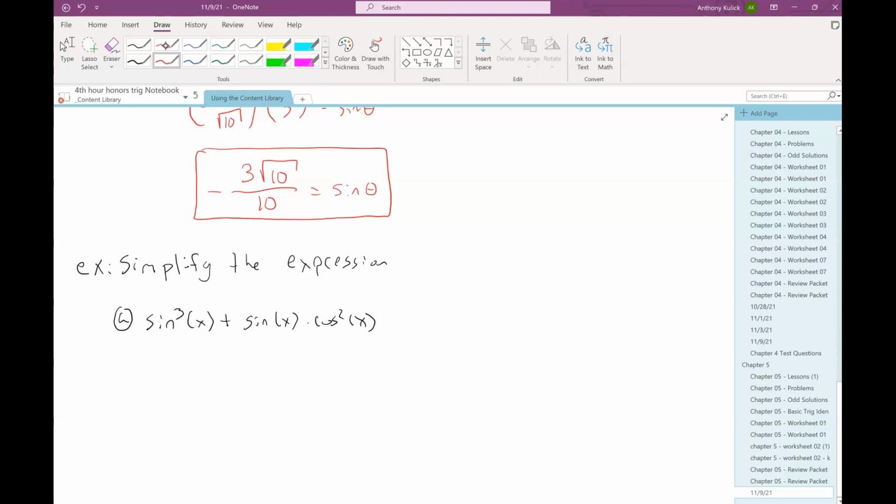So if I look at this, I have sine cubed plus sine times cosine squared. So first thing I'm going to look for is an algebraic thing. Do you notice any algebraic thing I might be able to do here? Drake?